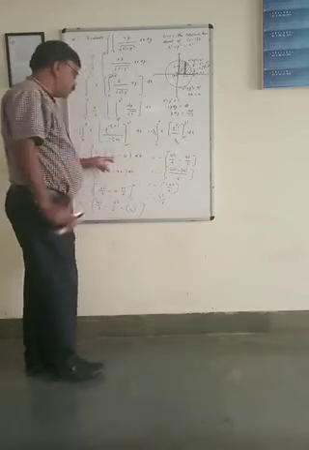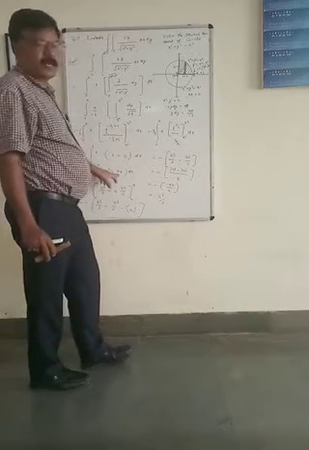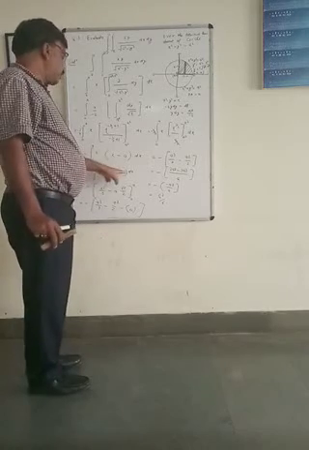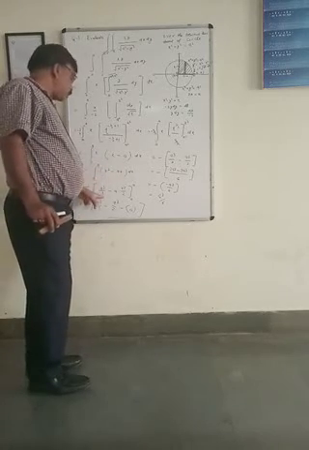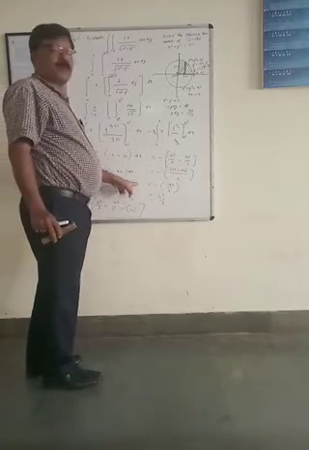X is multiplying inside the bracket, and it gives x square minus ax. Again integrating it with respect to x, it gives x cube upon 3 minus ax square upon 2, lower limit is 0, upper limit is a.